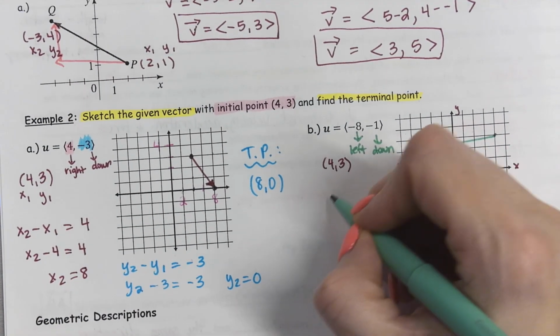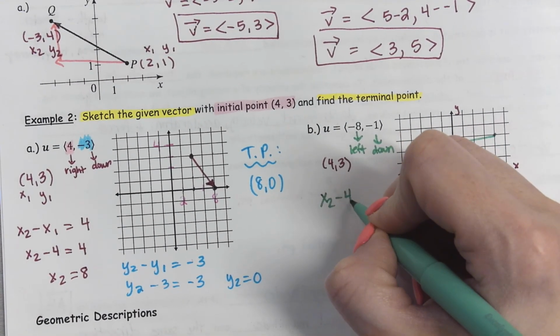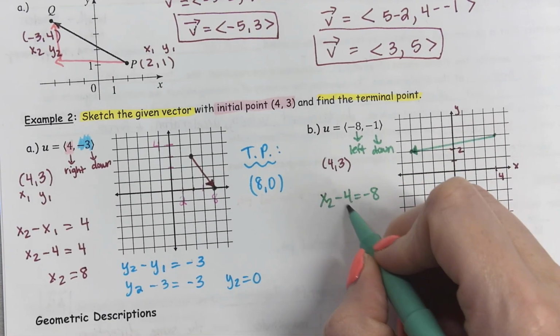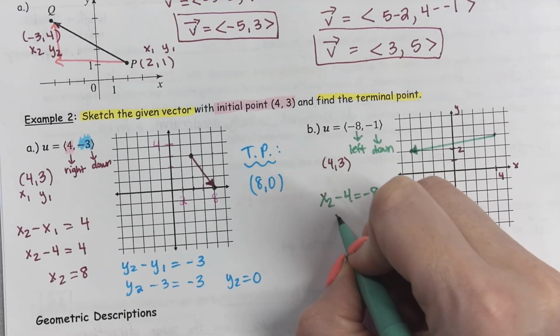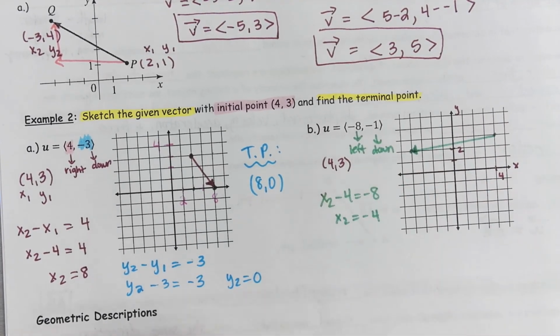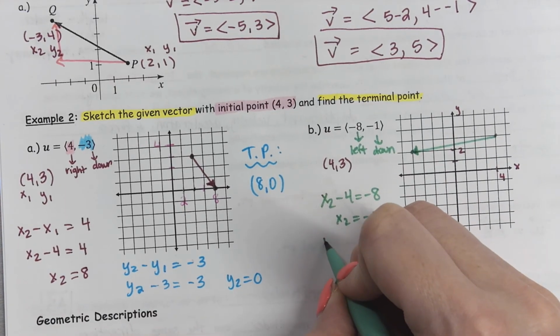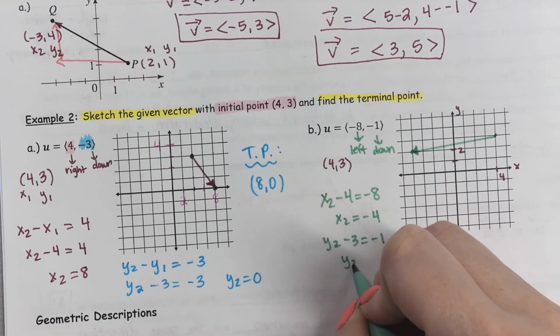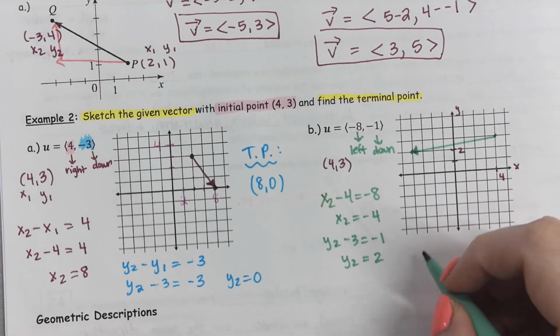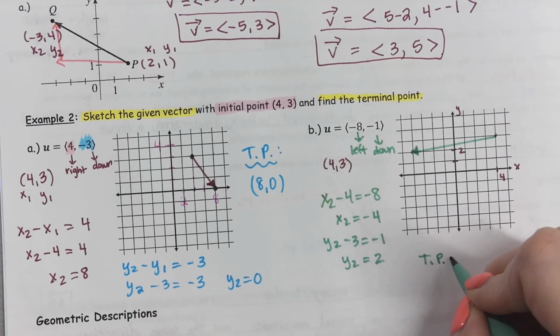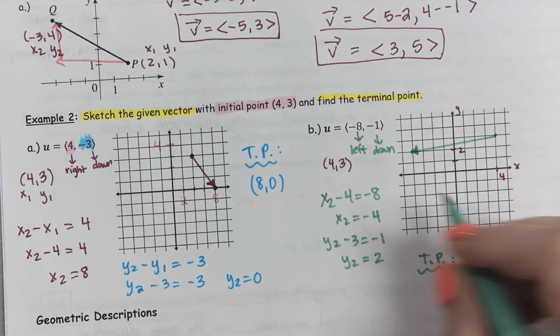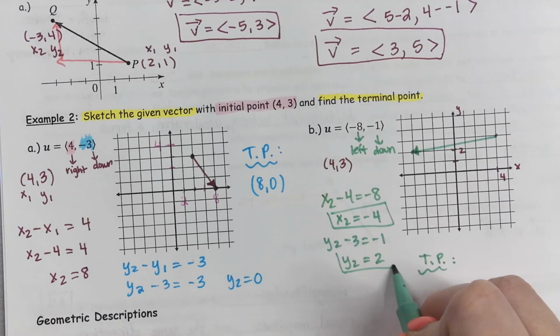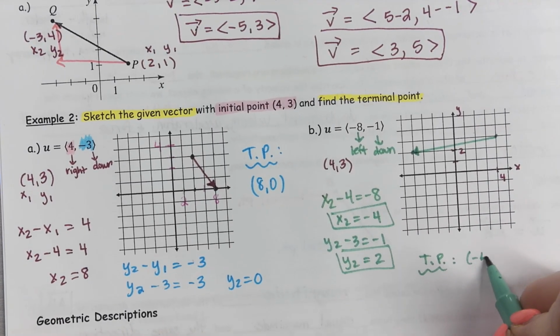If you set it up with algebra, it's just x2 minus 4 equals -8. So if you add 4 over, x2 is -4. And then y2 minus 3 equals -1. If you add 3, you get 2. So your terminal point is -4, 2.